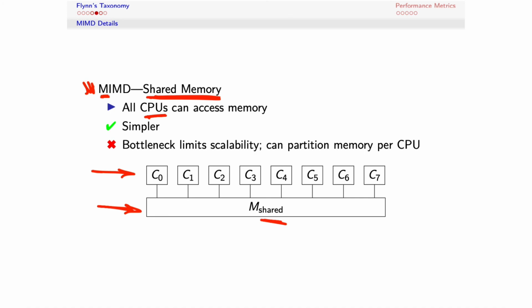The level 3 cache is usually shared, but ultimately the caching mechanism is transparent to the processors, and everybody eventually is going to hit main memory. And it's the same main memory that is accessible from all of the other processors. An advantage of this approach is it's relatively simple, right?